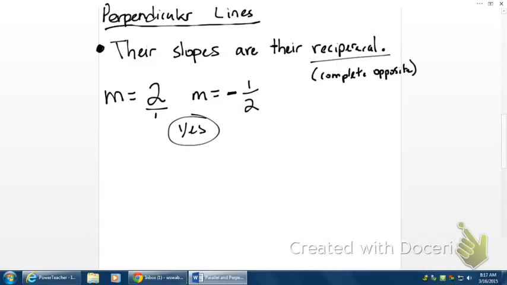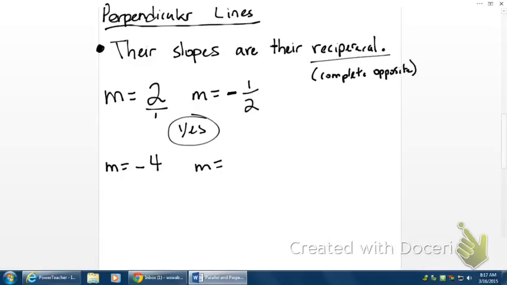Let's go over another example. Let's say we had m is equal to negative 4. What's a perpendicular slope to that? Positive, not 4 over 1, but 1/4.